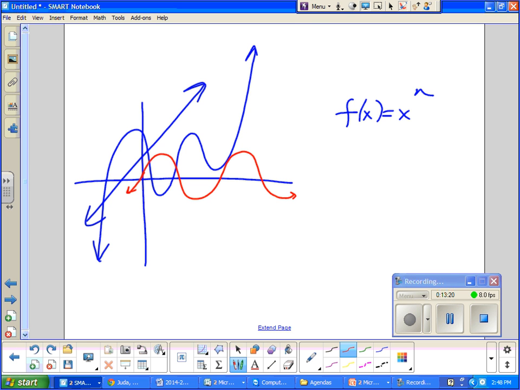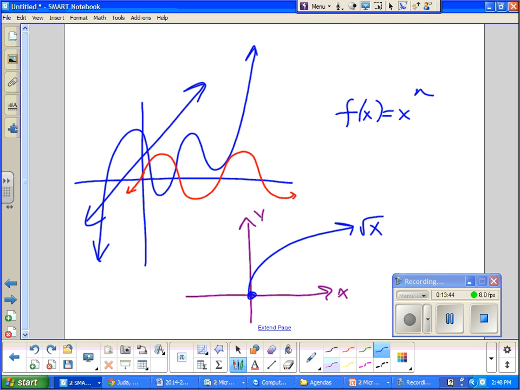But rationals, there's one other type that we haven't talked about that's continuous in its domain. Just its domain. How about root functions, guys?